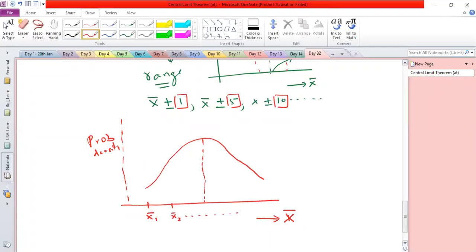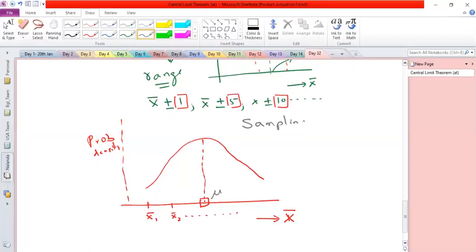Collecting the sample and calculating the mean for each sample, and taking those mean values of the samples, again construct another histogram with those, which will eventually give you some kind of a mean, which is nothing but your mu, that is your population mean. This way of representing the distribution, data distribution, is called as sampling distribution.